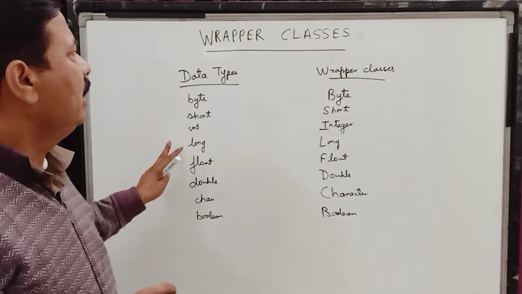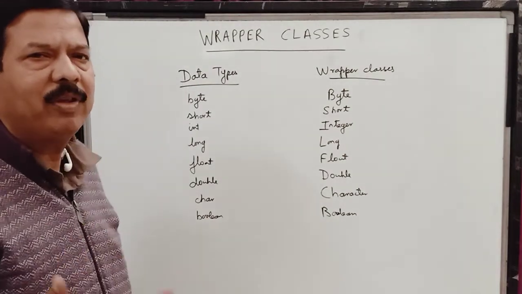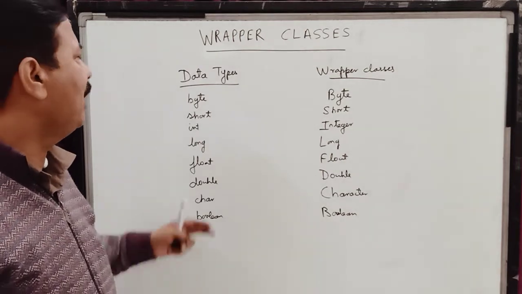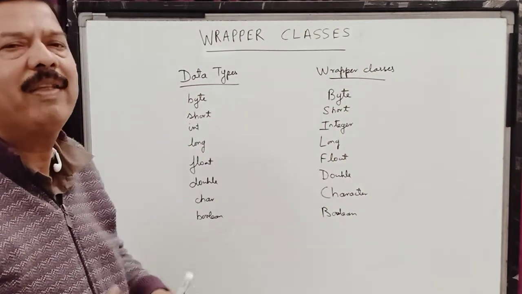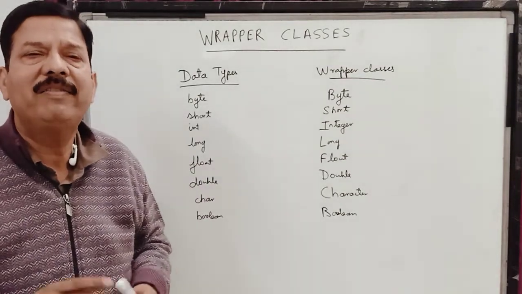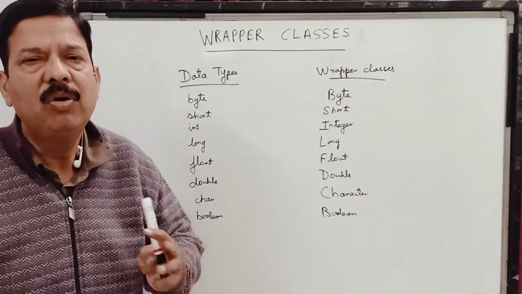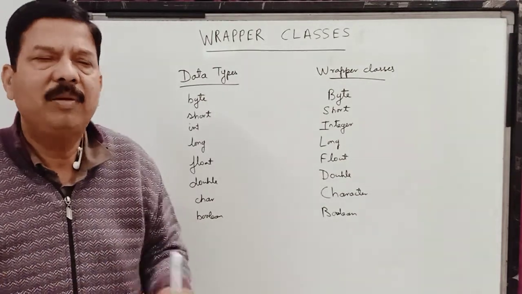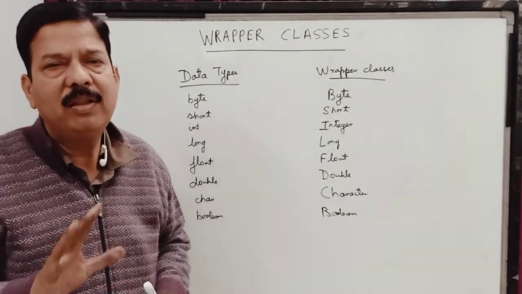I hope children these wrapper classes are clear. Many times a question has been asked to write down the wrapper classes of different data types, and it has also asked what are wrapper classes. So we say that wrapper classes are those classes which convert primitive data types into objects, so that different functions can be applied on those objects. I hope children this is clear.